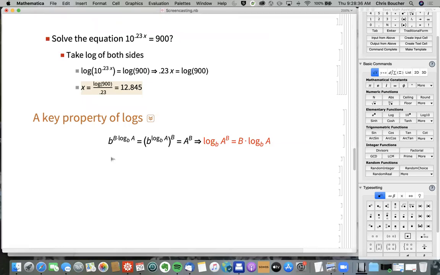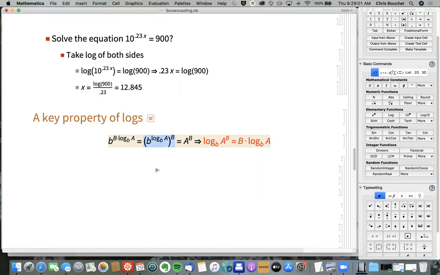All right, let's see a couple more quick things here. A key property of logarithms that's going to help us in solving some of these equations. If we take this far left thing that looks like a bit of a mess, what I want to focus on is in the exponent here, I have two factors, a capital B and then this log base B. So I have an exponent that's a product, which means I'm really doing a power to a power, right?